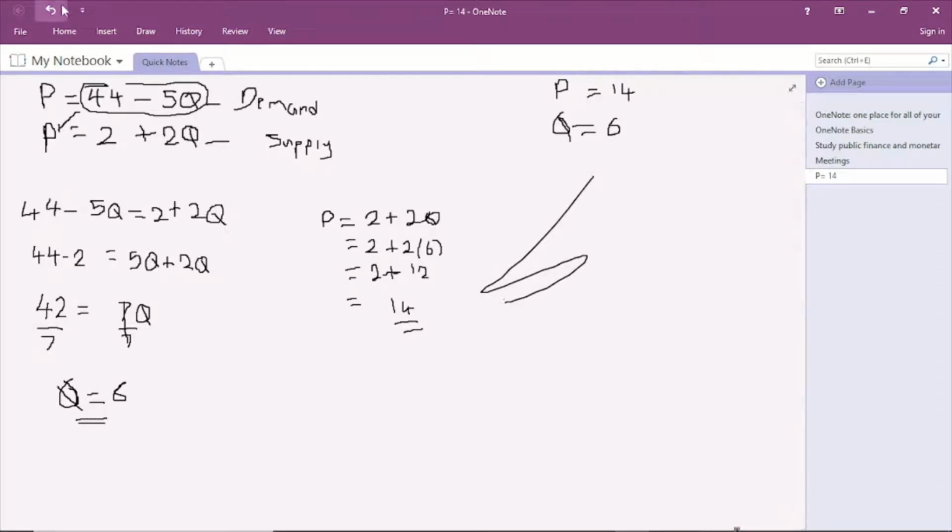So you can represent this graphically now. So you have this. This graph shows the relationship between price and quantity. See, as price increases, the demand decreases.